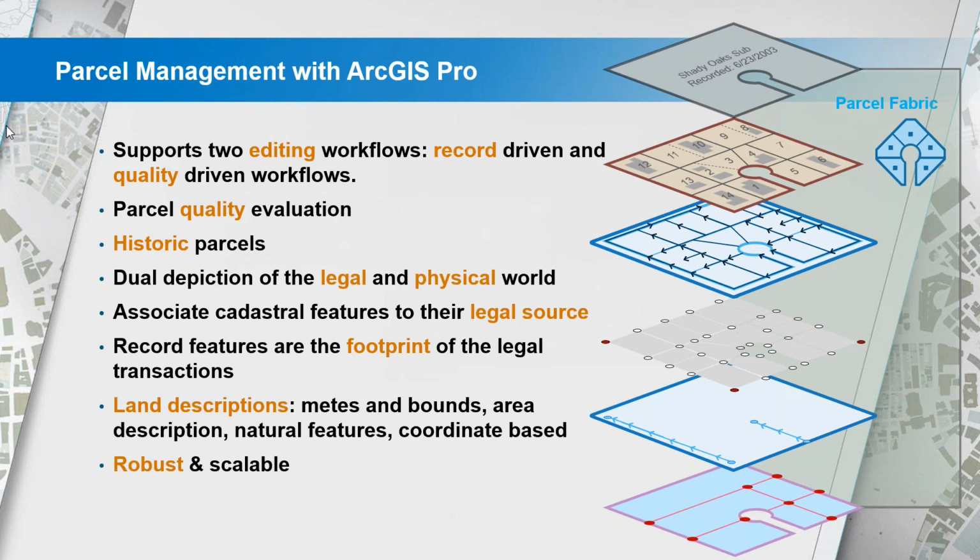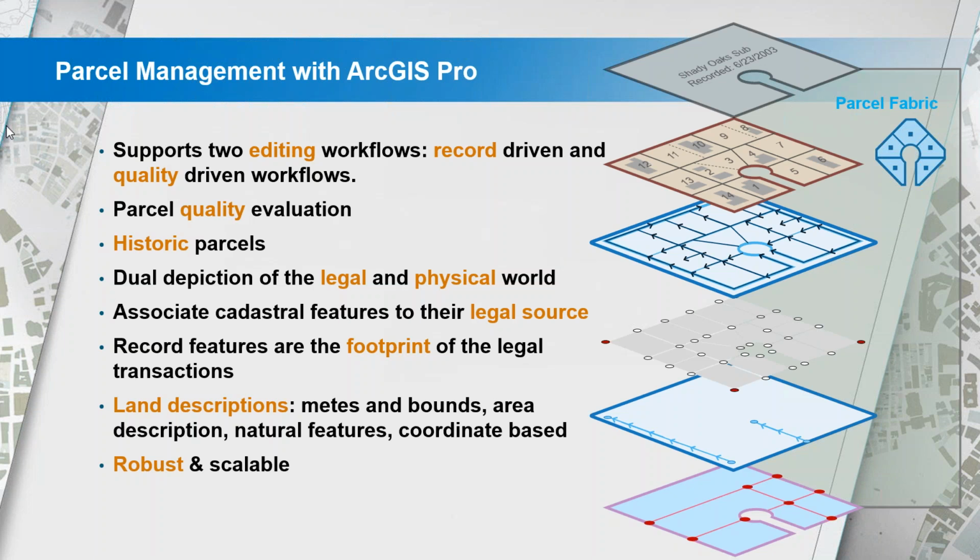Speaking of quality, quality is really something that drives trust within our data. So we want to be able to improve upon that quality. And this is something that the Pro Fabric actually does. In ArcMap Parcel Fabric, we were able to find particular parcels that had an error associated with them.